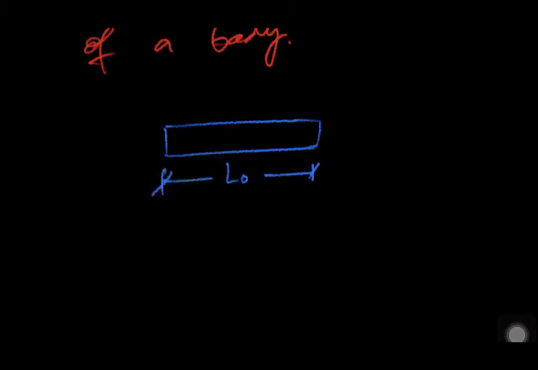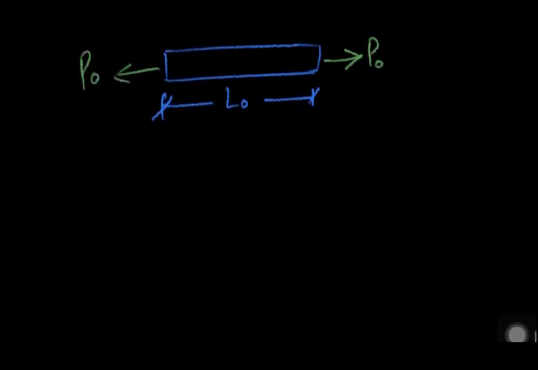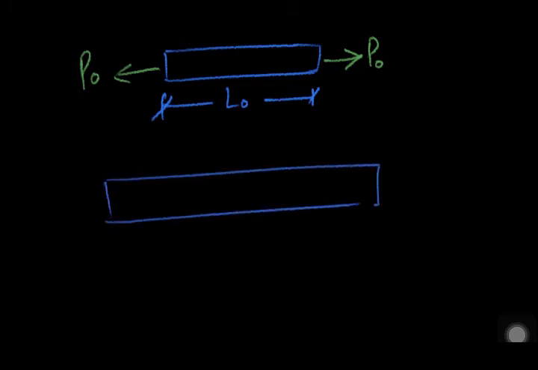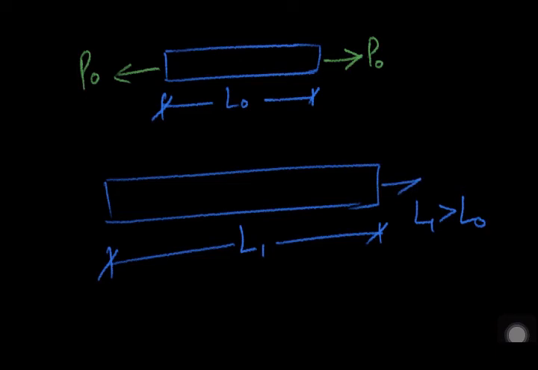For example, I had a body of length L0, and let me apply some force P0. This body will get stretched to L1, L1 being greater than L0, under the application of this force P0.